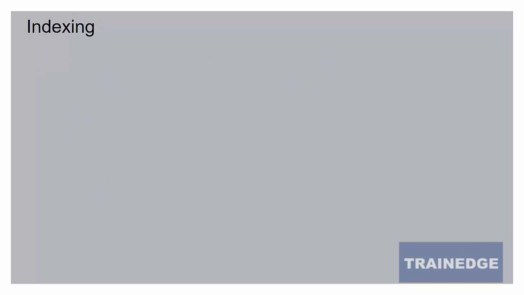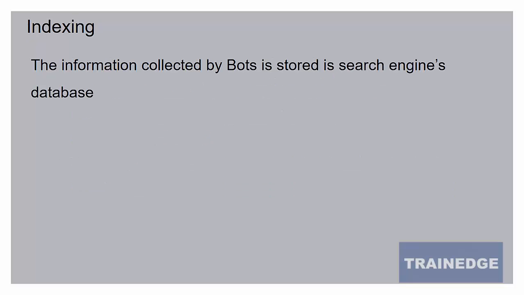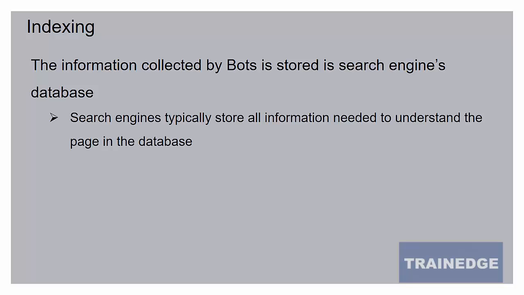Once this information is collected, it is stored in the search engine's database in the form of an index. It is stored in the form of a database because it makes it easy for the search engines to process it.